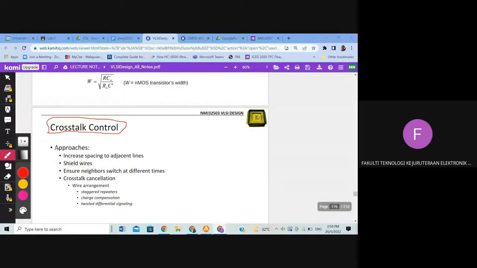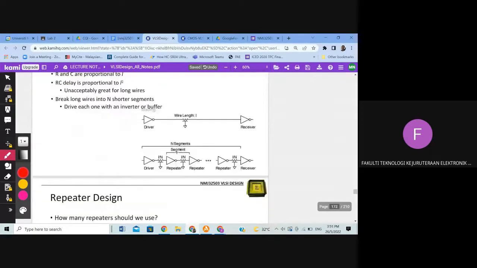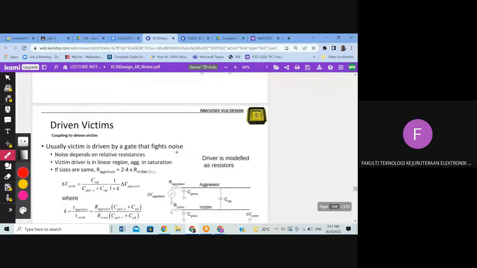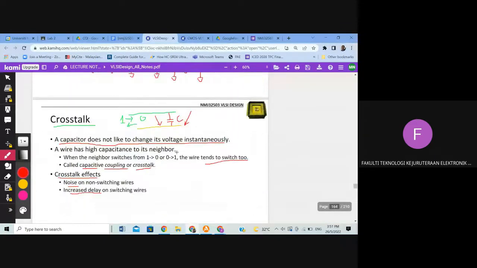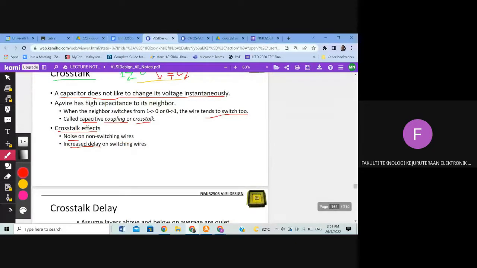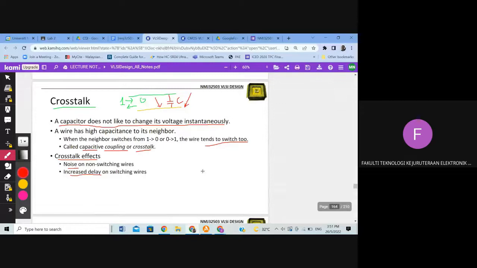Before that, I would like to explain a bit on what is actually crosstalk, as a recap on what we discussed last week. I think we have the definition of crosstalk. Crosstalk normally happens when switching happens in a wire.